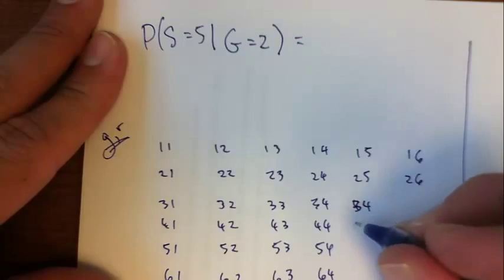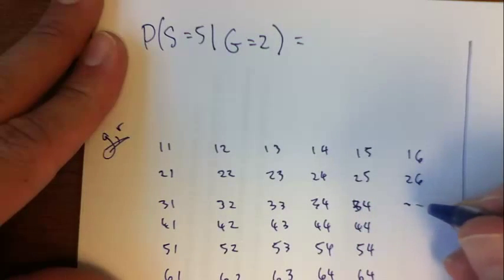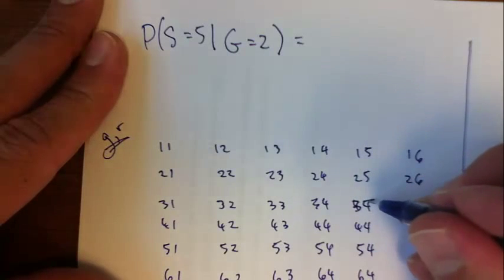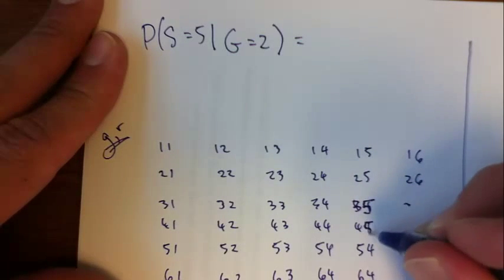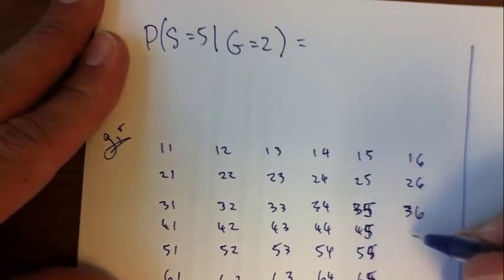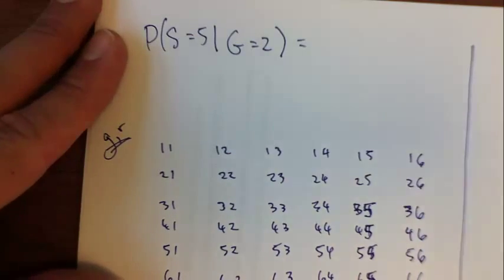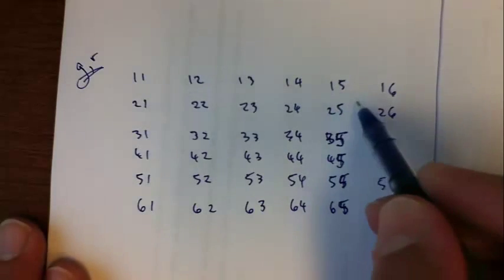Okay, I think that's right. Anyway, if it's not, then you can correct it. So given that the green die is a 2, where is the event that the green die is a 2? Very good. That's right. It's right there.